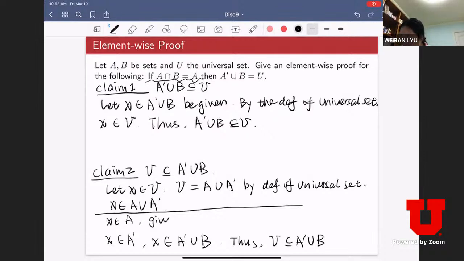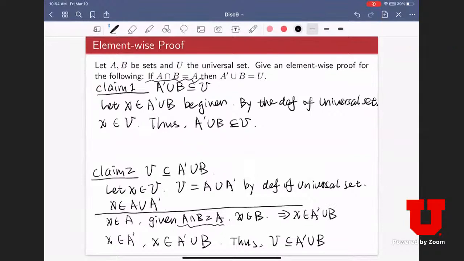Given A intersect B equals A, and we know x is in A, this actually implies that x must be in B, because the assumption right here actually means that B is a subset of A. And from this point, we can say that by the definition of union, x is in the union of these two.